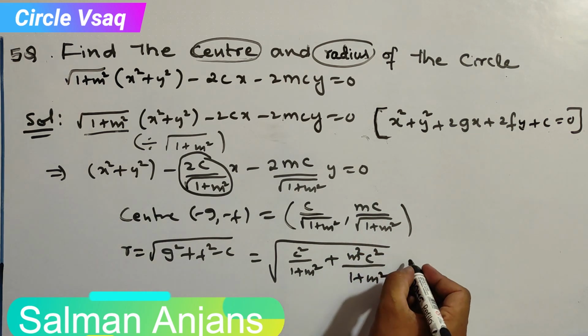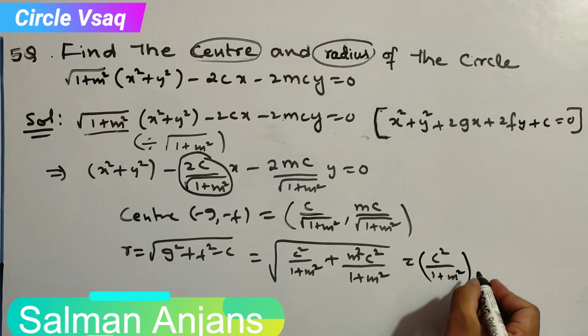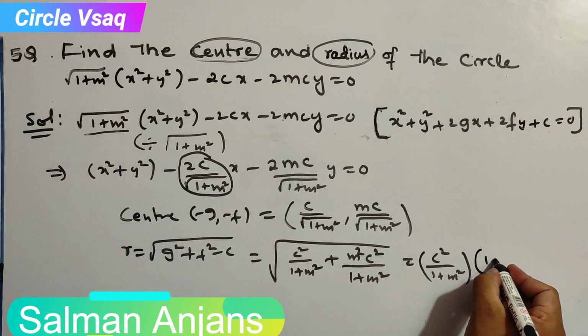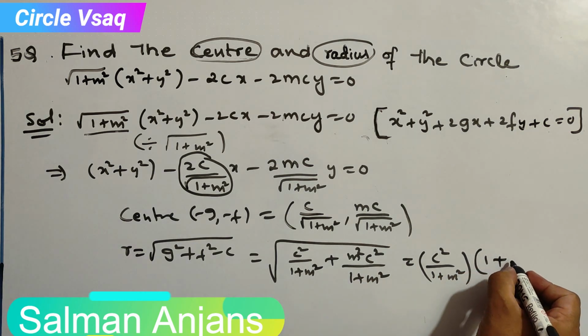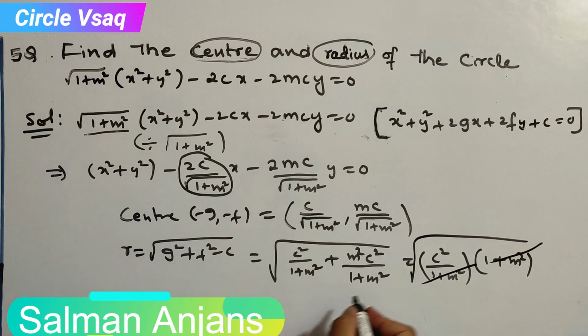From these two we can take c square by 1 plus m square common. So if you take c square by 1 plus m square common, still 1 is there. Again, if you take c square by 1 plus m square, one more m square is there, root over. So this 1 plus m square gets cancelled. So r equals root c square, or r equals c.